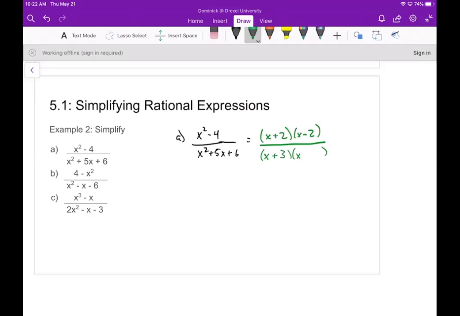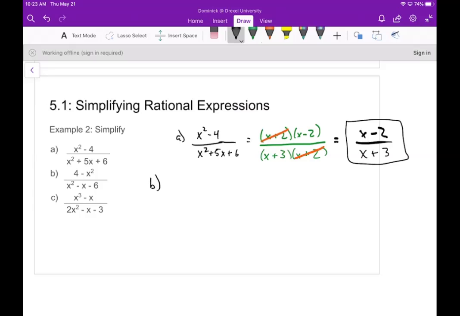Those are plus 3 and plus 2. If you need a refresher on this factoring, you can view my previous video on factoring quadratics. At this point, we can cancel our x plus 2's since they're common, and we're just left with x minus 2 over x plus 3. Okay, so that's part A.